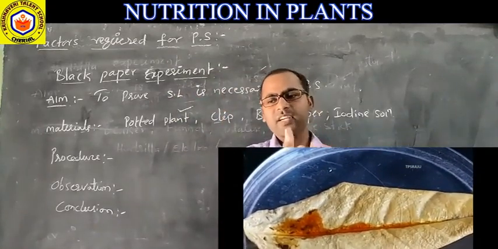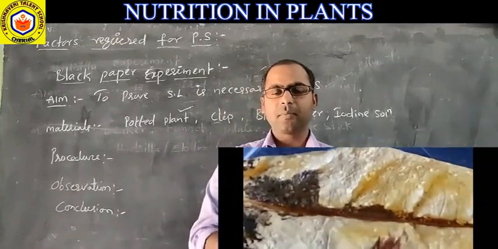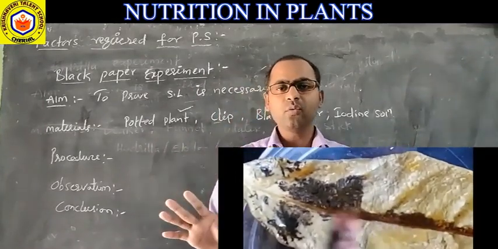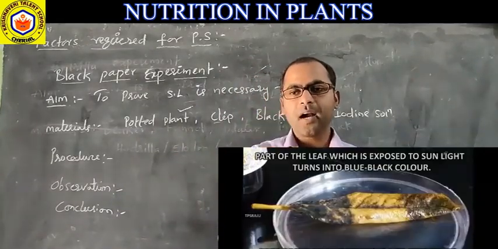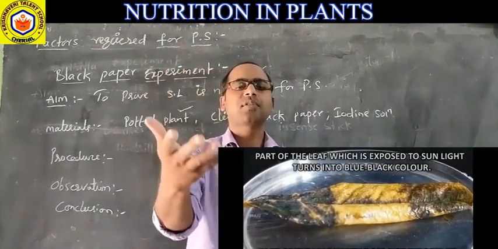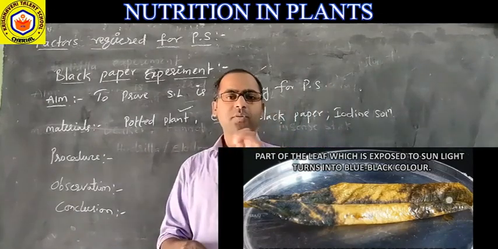In that we can see that where the black paper is placed, that part of the leaf is not converted into bluish black color, and the part of the leaf where the black paper is not placed, which is exposed to sunlight, is converted into bluish black color.